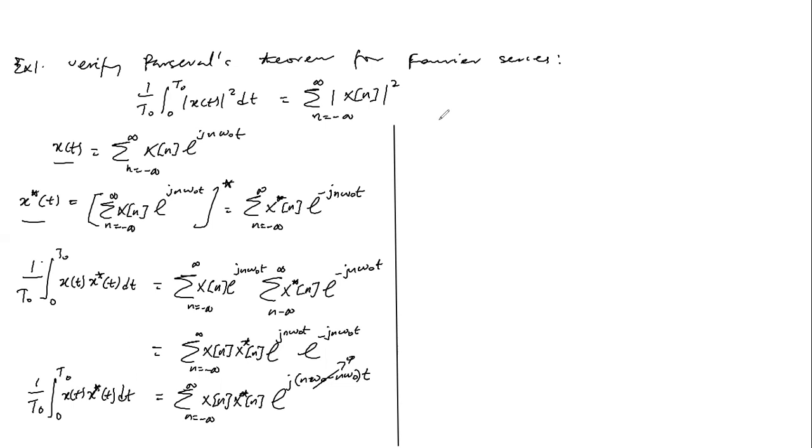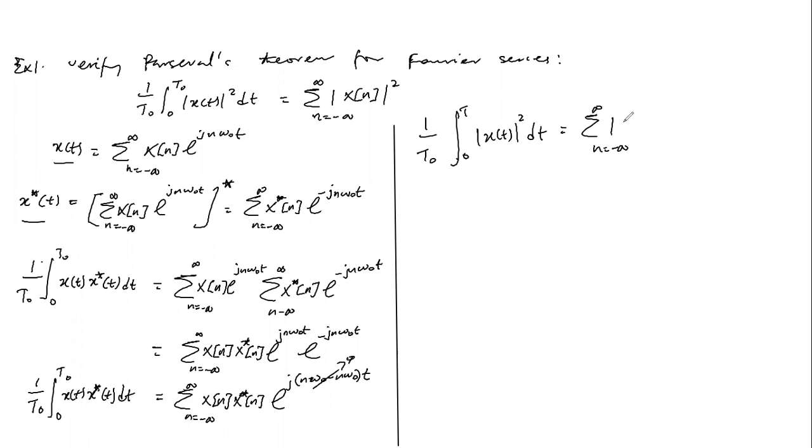Then we have 1, so this times this is s squared. So 1 over T naught integral 0 to T naught gives us the mod of s of t squared dt, equal to the summation of n equal to minus infinity to infinity.